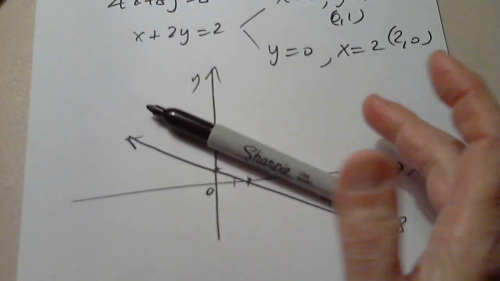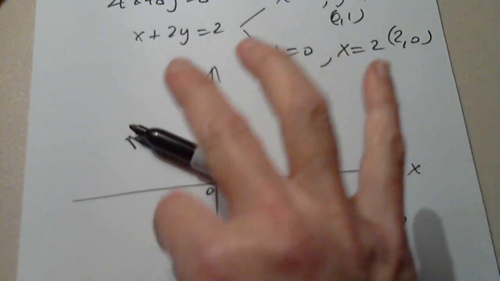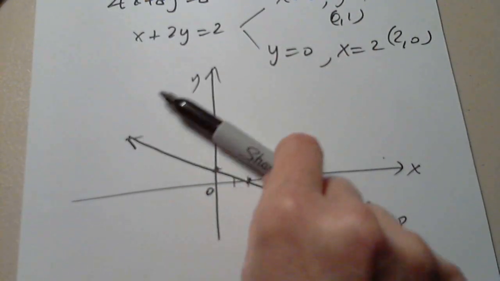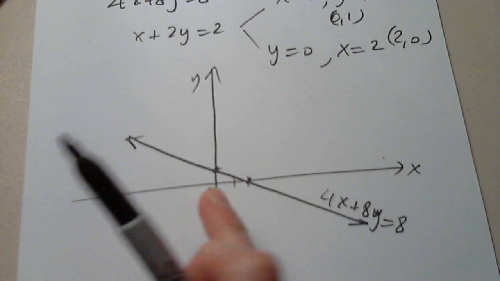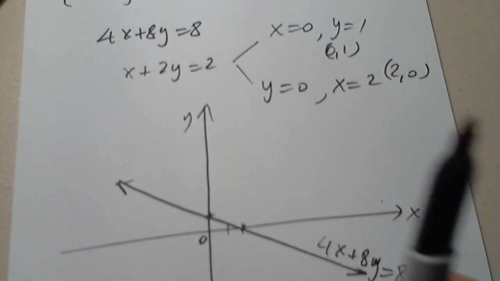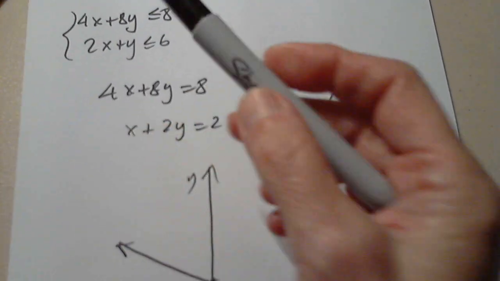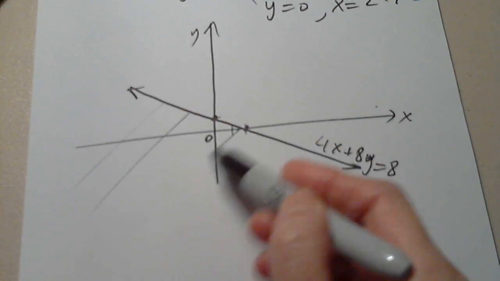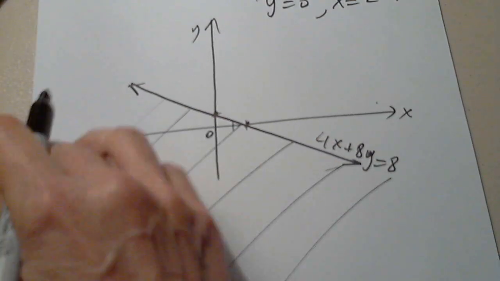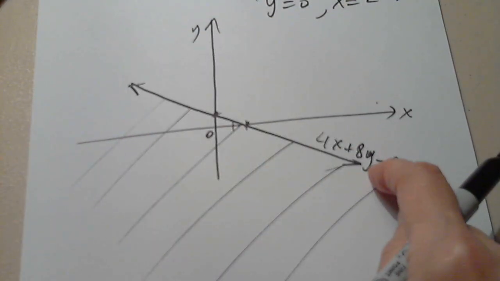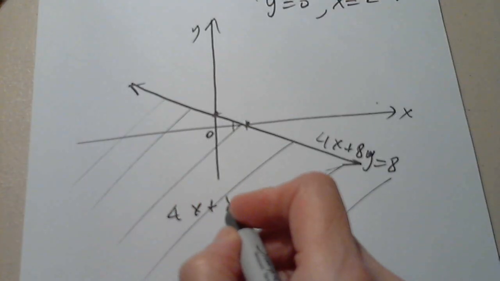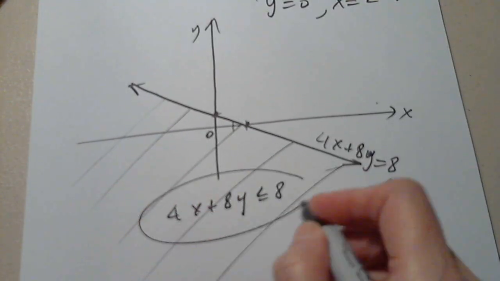It divides the entire plane into two pieces, right and left. So I'm checking left because that's where the origin is, and the origin is always the easiest point to work with. 0, 0 less than or equal to 8? Yes, it's true. So all this area, including points on the line, is the solution of this.